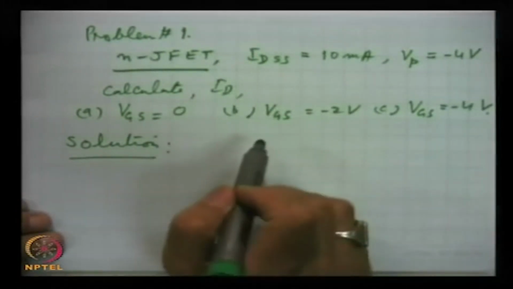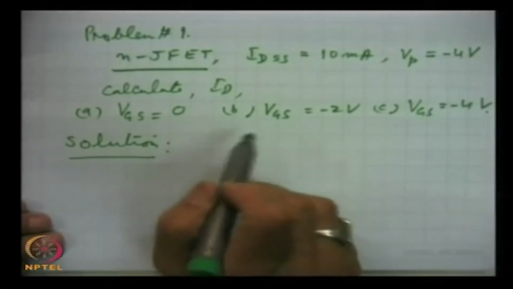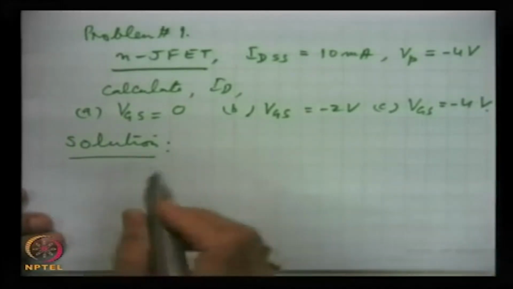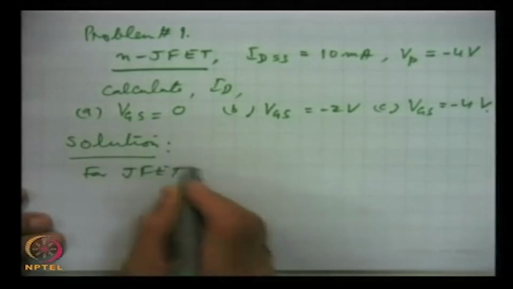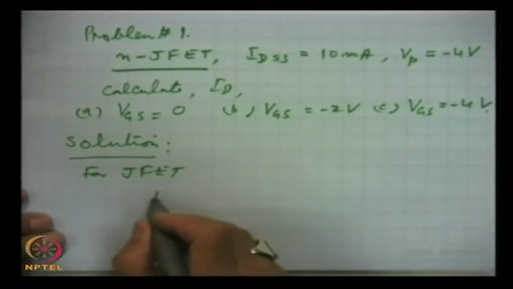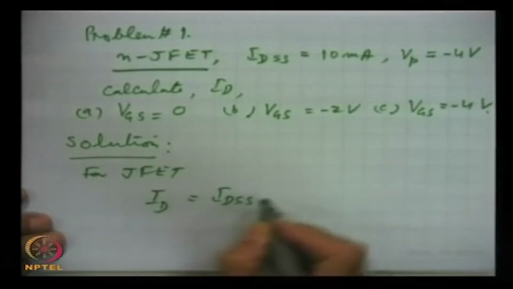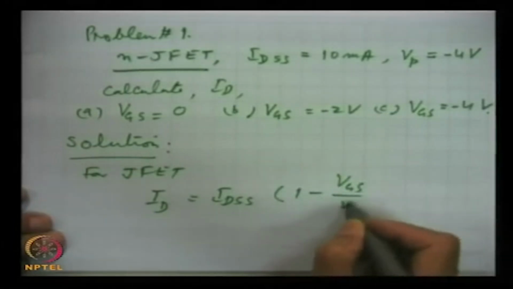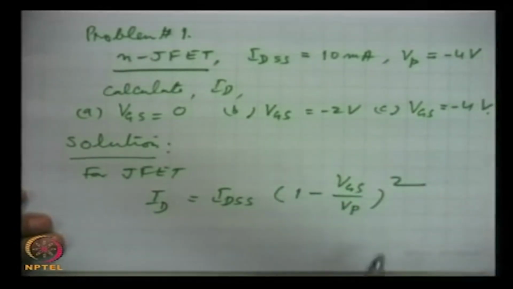Obviously, the device is working in the saturation region, where for JFET the drain current is given by ID equals IDSS into 1 minus VGS by Vp, whole square. This equation we are supposed to use.